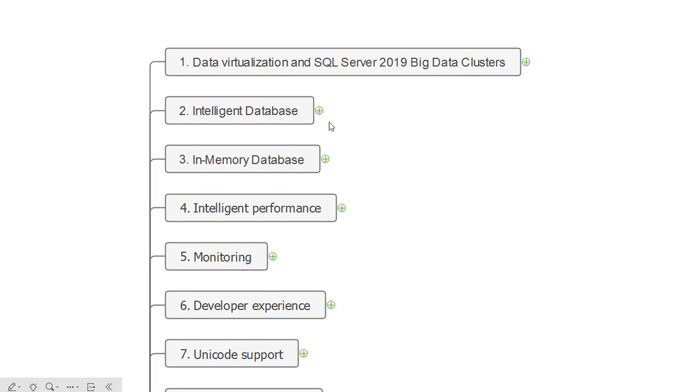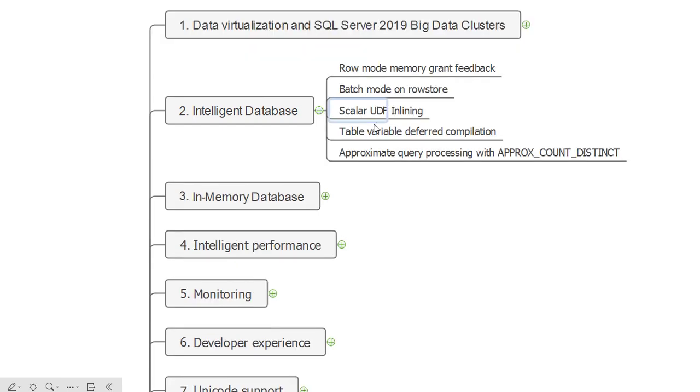And the second feature is Intelligent Query Processing. Inside it, you will find row mode memory grant feedback, batch mode on rowstore, scalar UDF inlining, table variable deferred compilation, and approximate query processing with approximate count distinct.